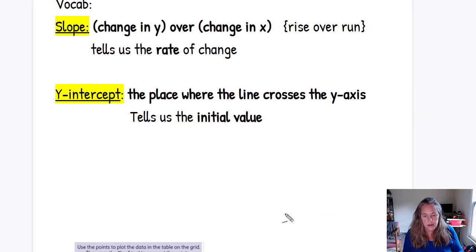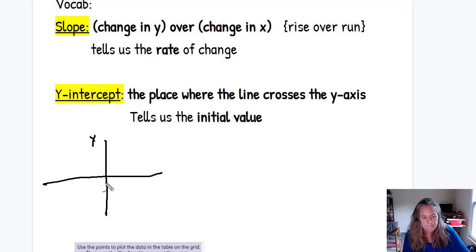Underneath where it says y-intercept, I would like you to draw a y-axis and an x-axis, and draw any line, and put a point right where the line touches or crosses the y-axis.